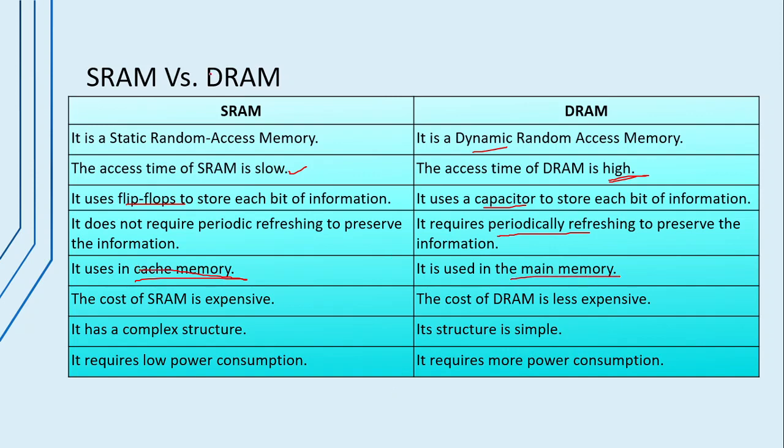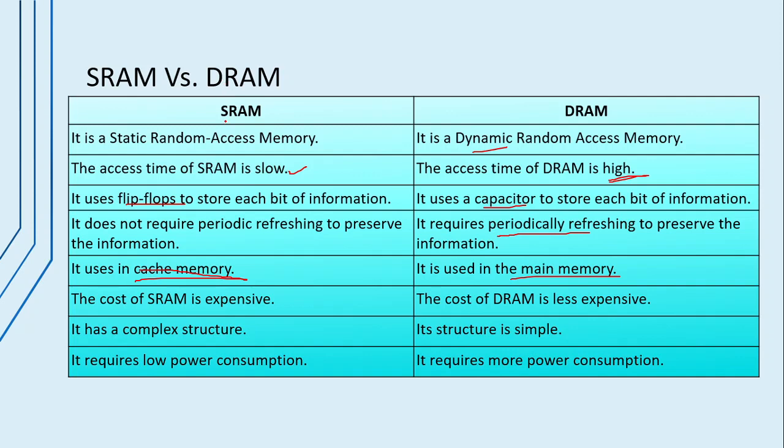SRAM is used to implement cache memory, whereas DRAM is used in main memory. So basically the main usage of SRAM, that is static RAM, is that most of the time a cache memory is made up of SRAM, whereas DRAM is used for the main memory.